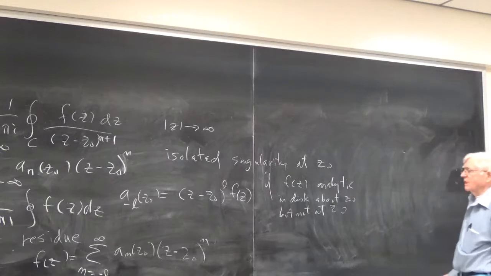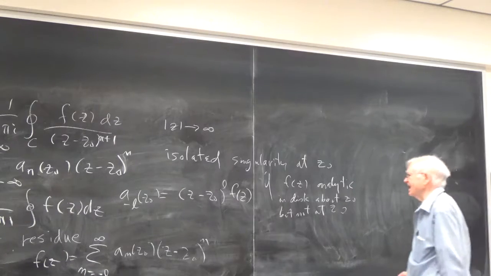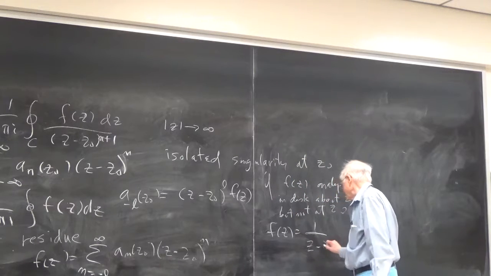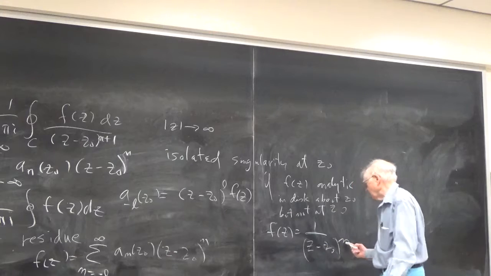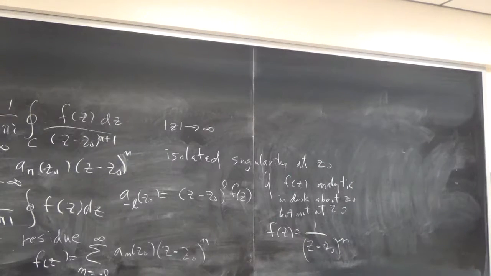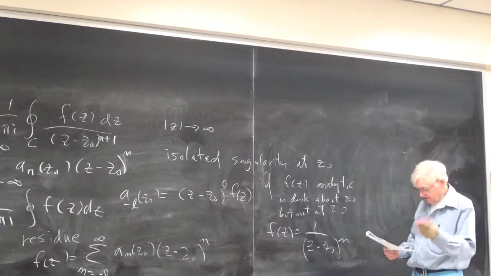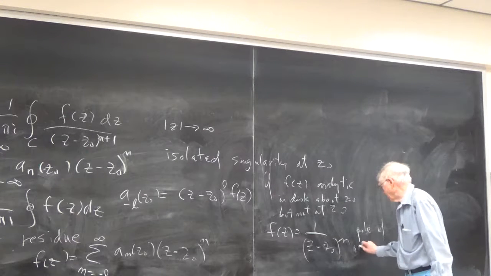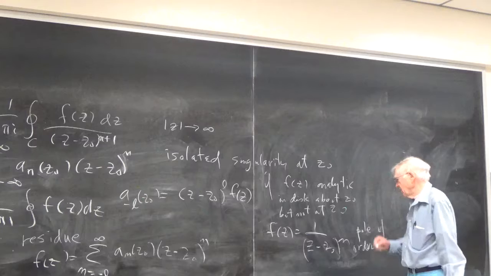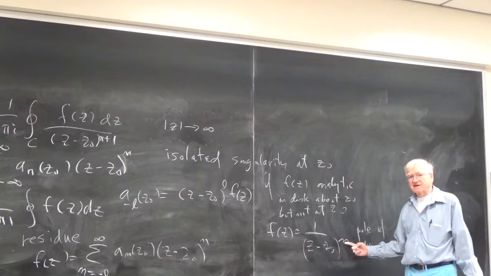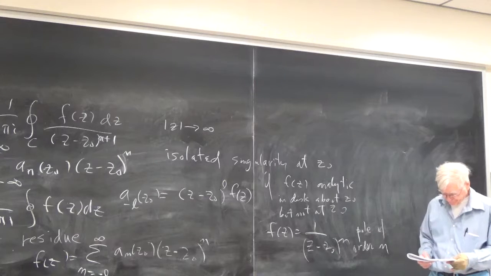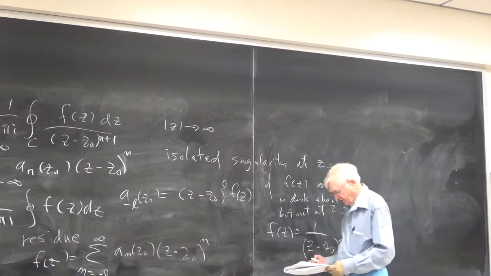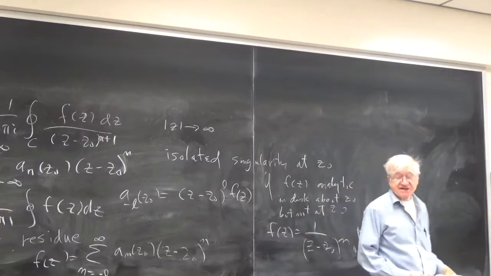An example of that is f of z equal to 1 over z minus z0 to some positive integral power n. This is said to be a pole of order n. And a simple pole is when n is equal to 1. And if you have a function that's analytic apart from poles, it's said to be meromorphic.